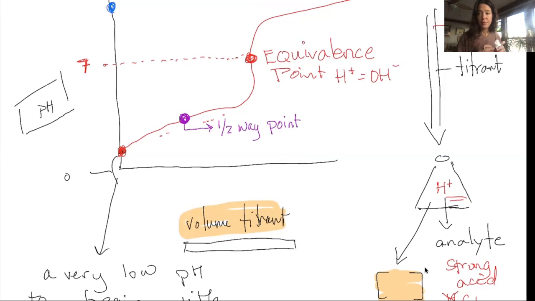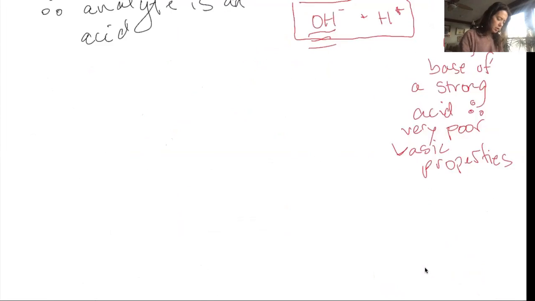No. Remember, we need a weak acid and its conjugate base, typically provided in the form of a salt, but not always, okay? So because this is a strong acid, strong base, I'm not going to say much else about this.